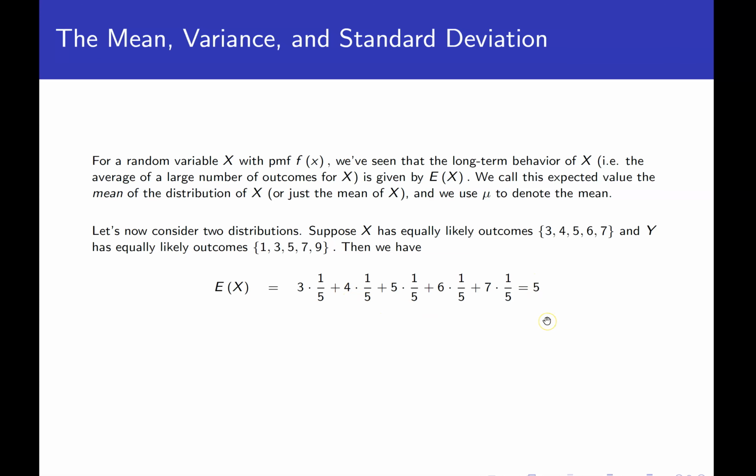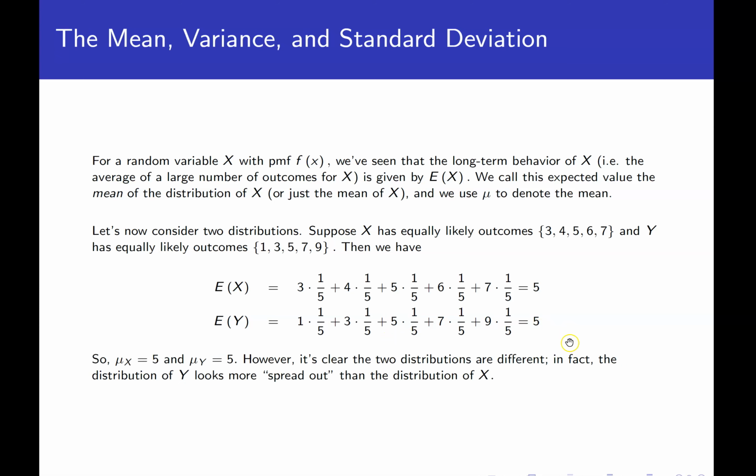We would get 5. Notice if you do the same thing for the expected value of y, 1 times a fifth, 3 times a fifth, and so on, we would also get 5. So, like I mentioned before with the subscripts, the mean of x is 5, and the mean of y is 5.